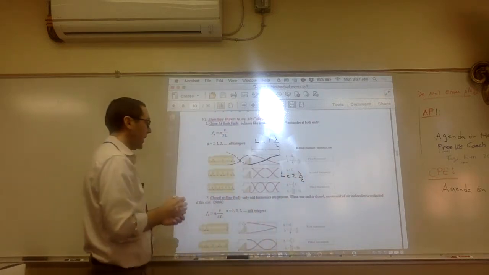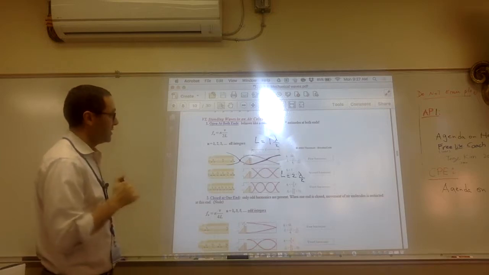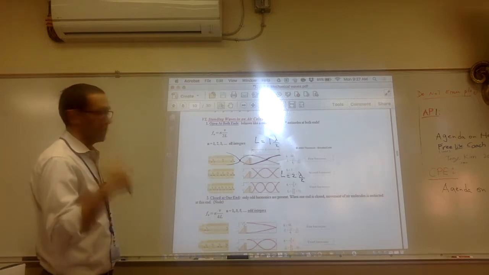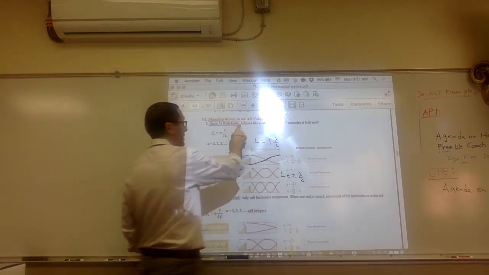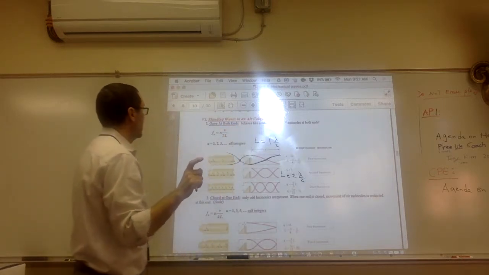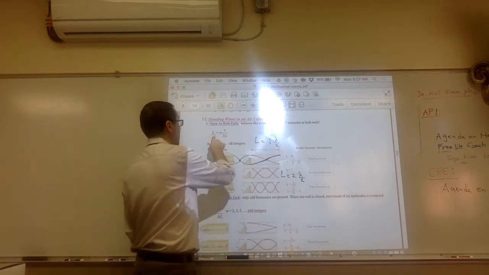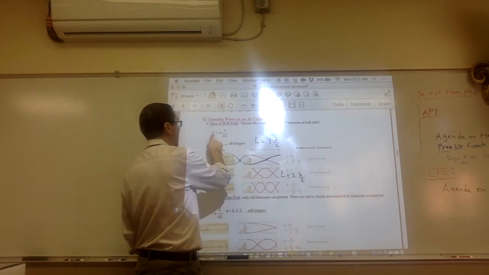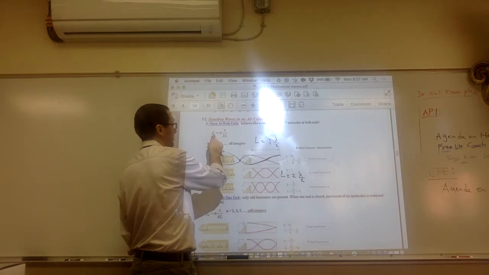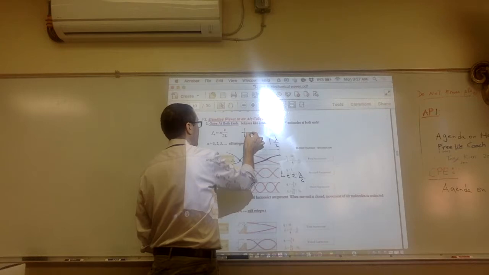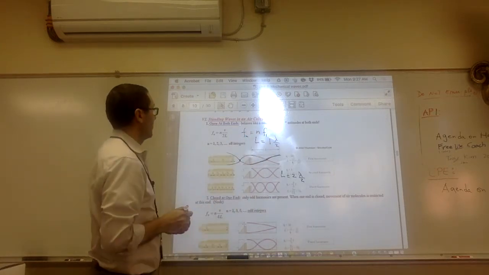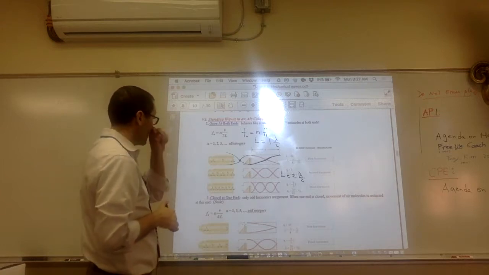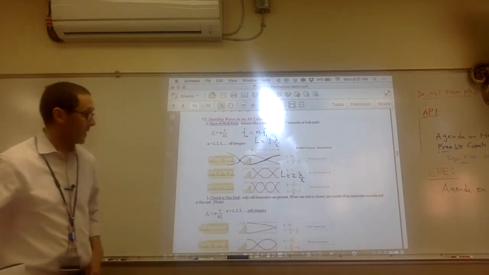If you continue with the pattern, you're going to see that it follows the same rules as a string that's attached to both ends. So if something is open at both ends, or tied at both ends, then Fn, the frequency of the nth harmonic, follows this rule here. And I should add Fn equals n times F1, and n can take any positive integer. So the same rules apply.